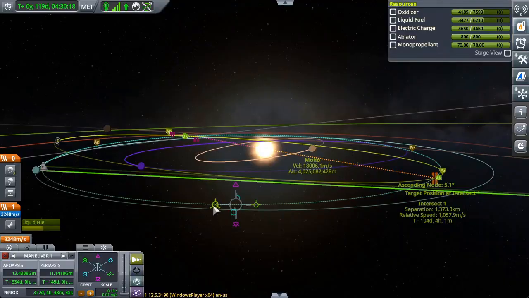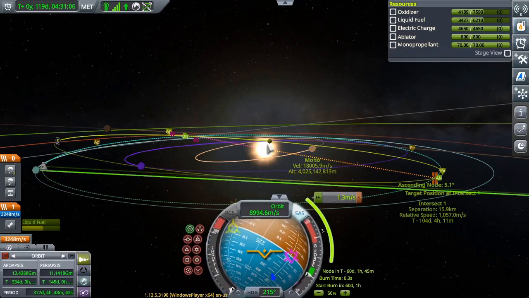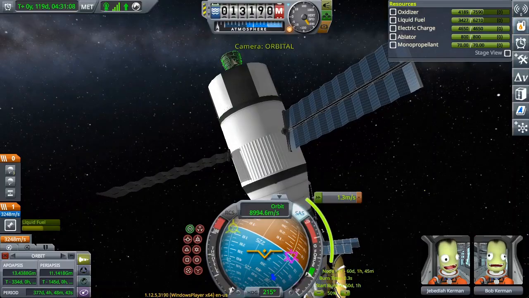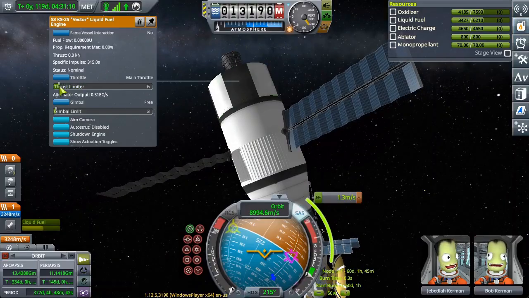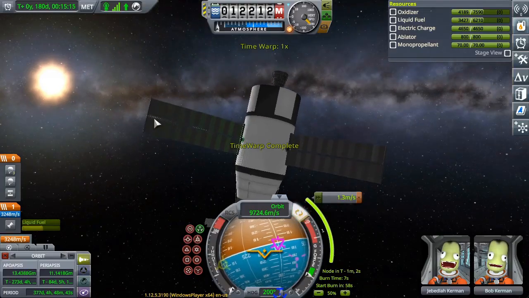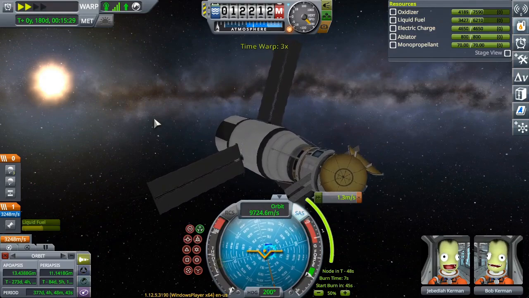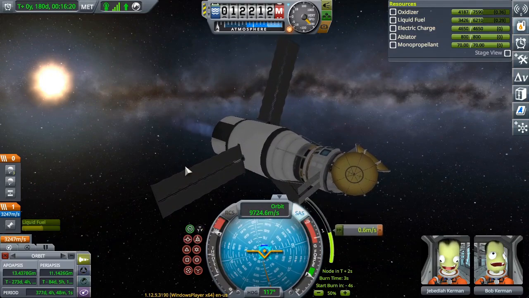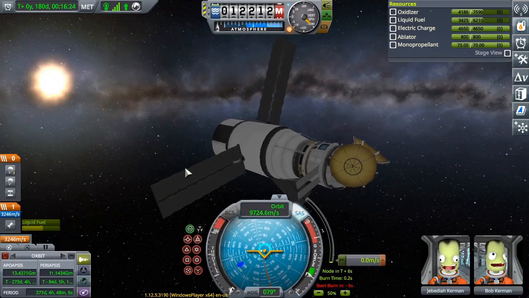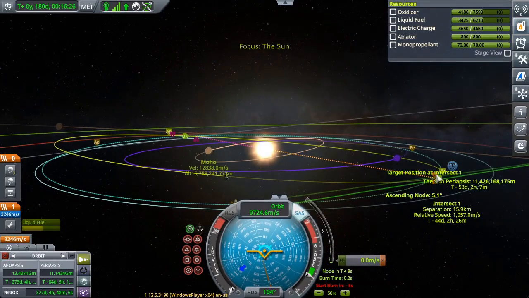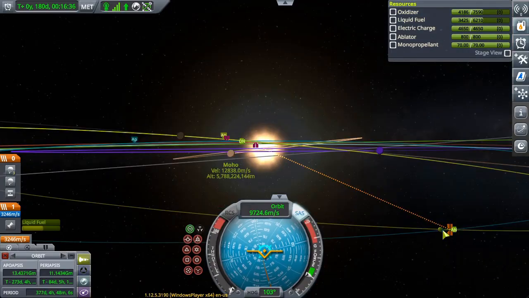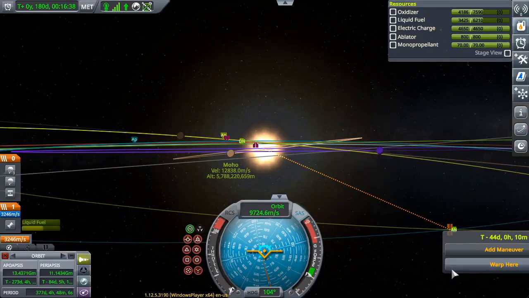Okay, this thing needs less thrust. Alright, that's close enough to the actual encounter.